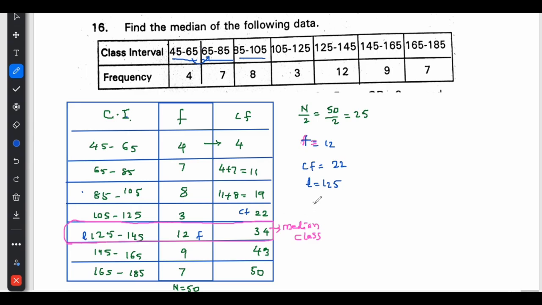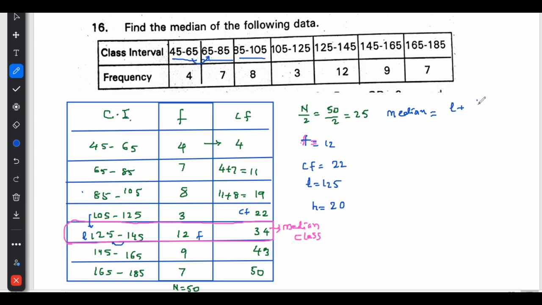And h is the size of the class, the difference between two successive lower or upper limits, such as 145 minus 125, which is 20. So h is 20.